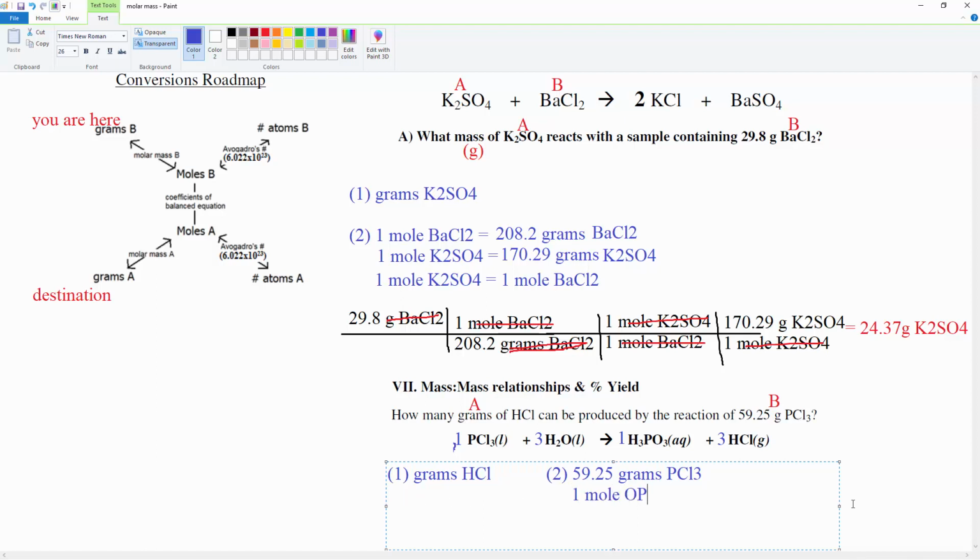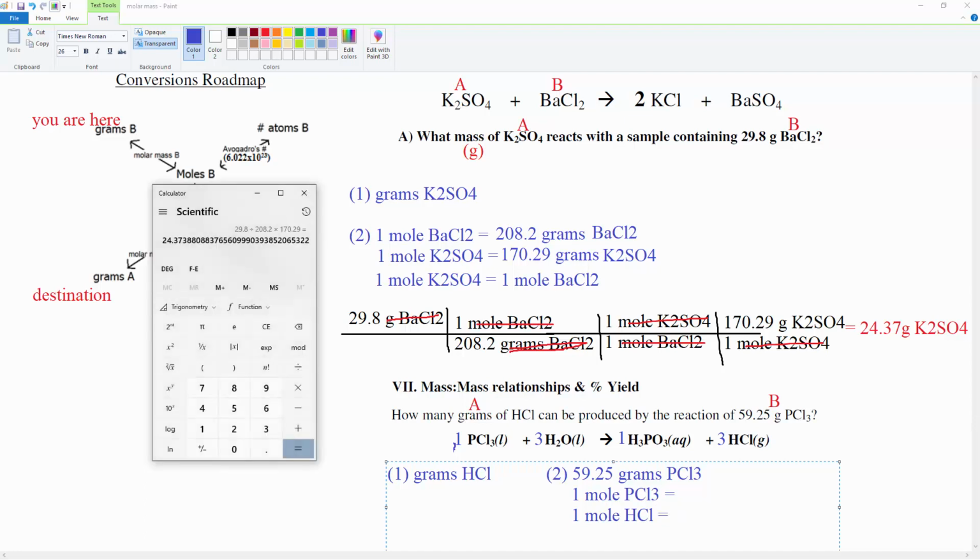One mole PCl3 is how many grams? 1 mole HCl. I know this one because chlorine is 35.45 grams plus 1.08, 36.46.